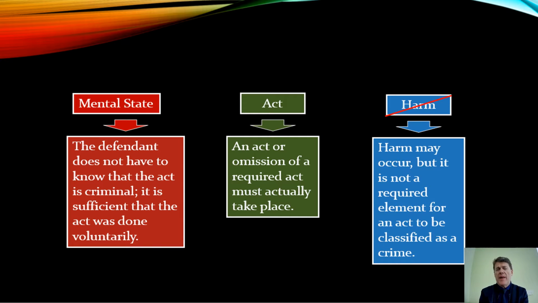But no harm was sustained because I was not physically injured and they did not take any of my property. So harm, you don't have to have that as an element, but it certainly does help if you're the prosecution. That's like the icing on top of the cake, so to speak, in order to help secure a conviction.